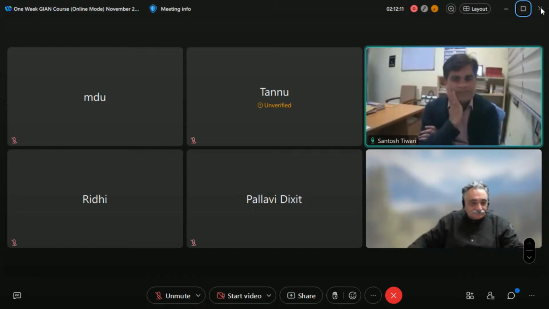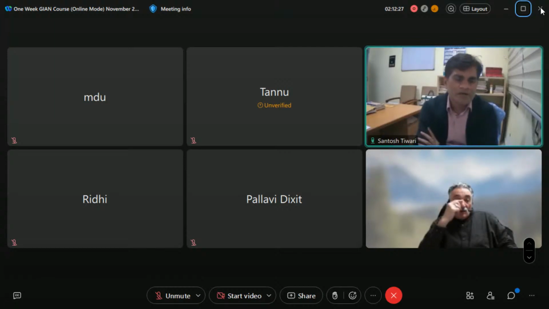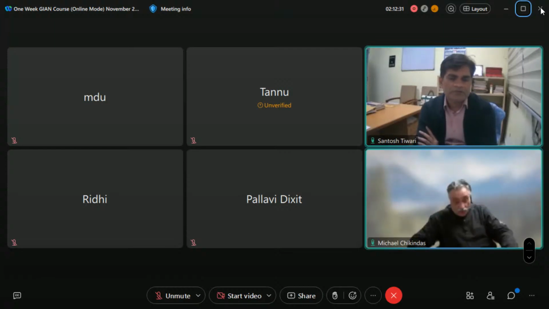So Pallavi is asking the question because she's working on bacteriocins against oral pathogens. So we are looking at possibly the probiotic bacteria producing bacteriocins and how they can be applied in oral health. So you know what I would do?